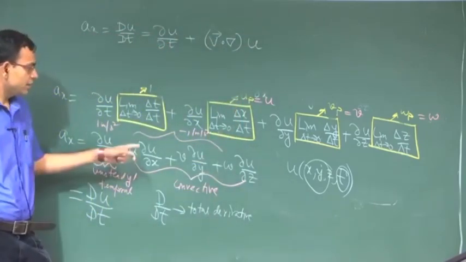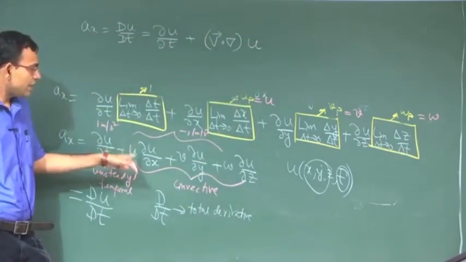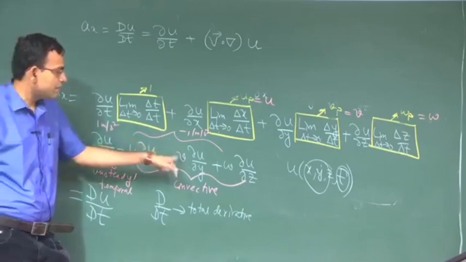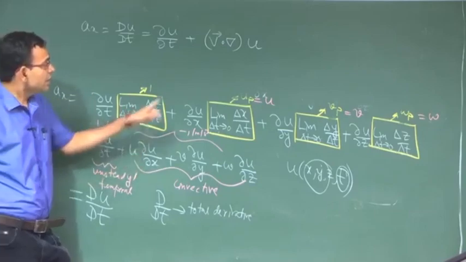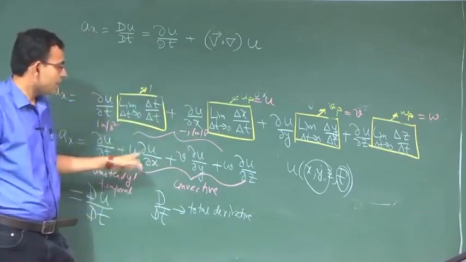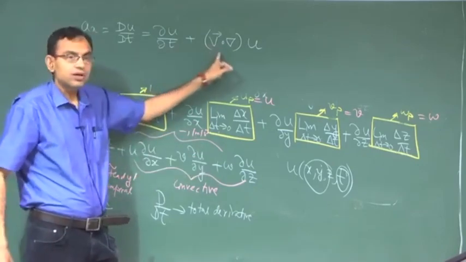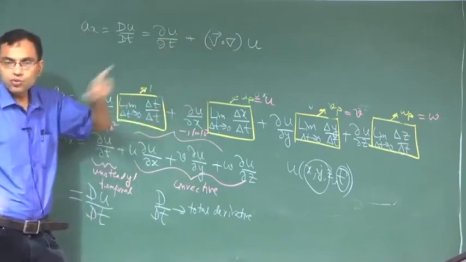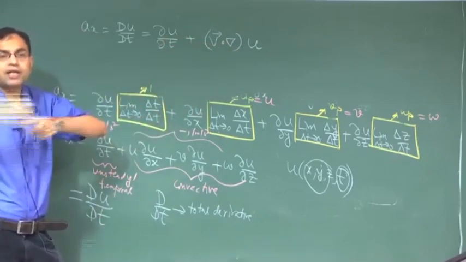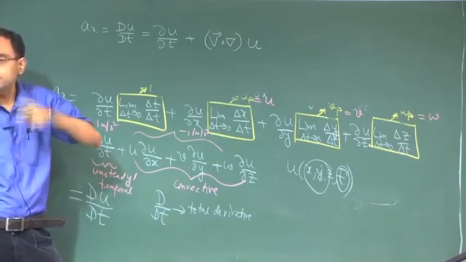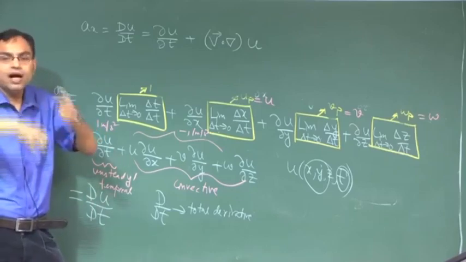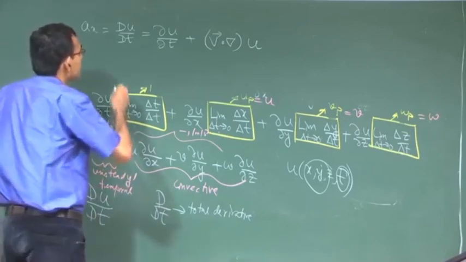This is what it is. So, you can write the velocity vector as u i plus v j plus w k, and the nabla operator operates on u, it is a dot product of these two. We are always interested in writing a vector form because vector form is coordinate system independent and it can be used for other coordinate systems as well.